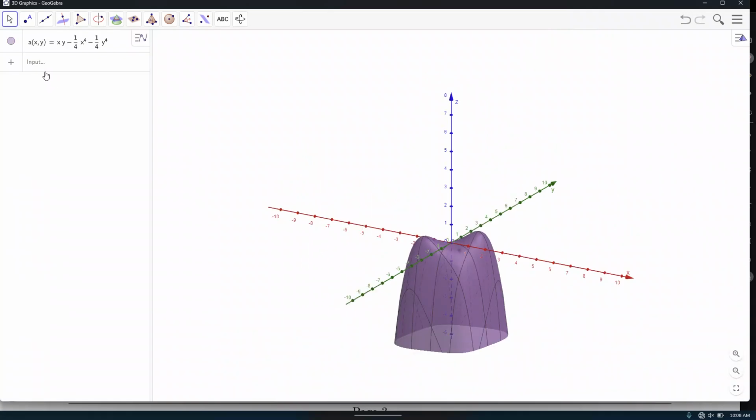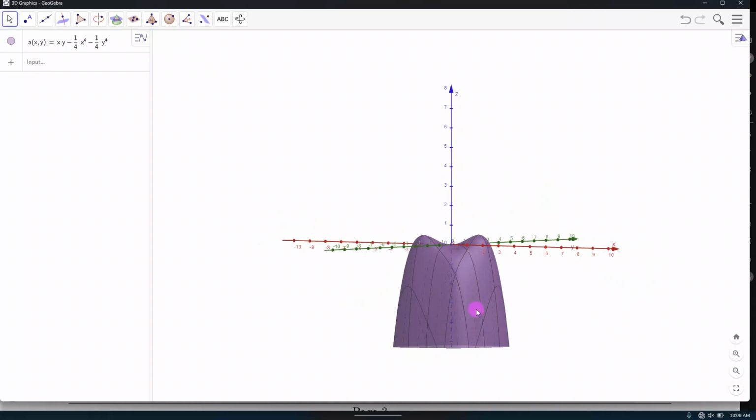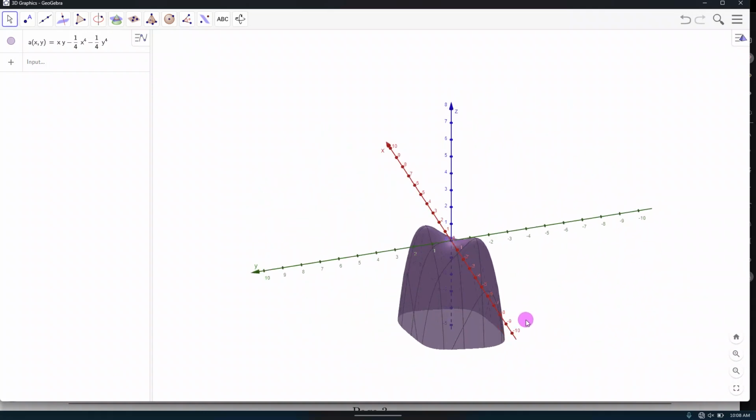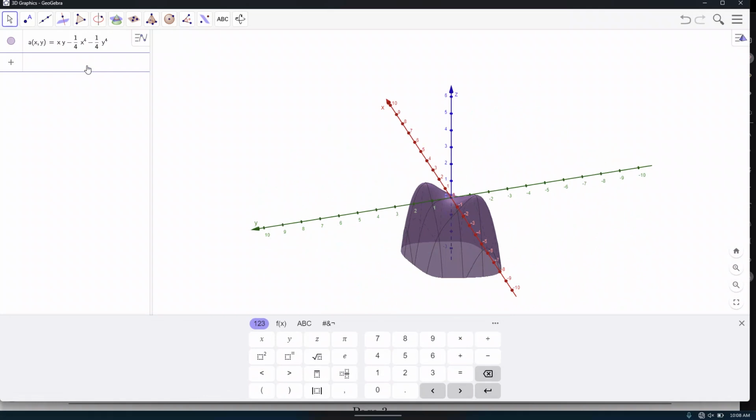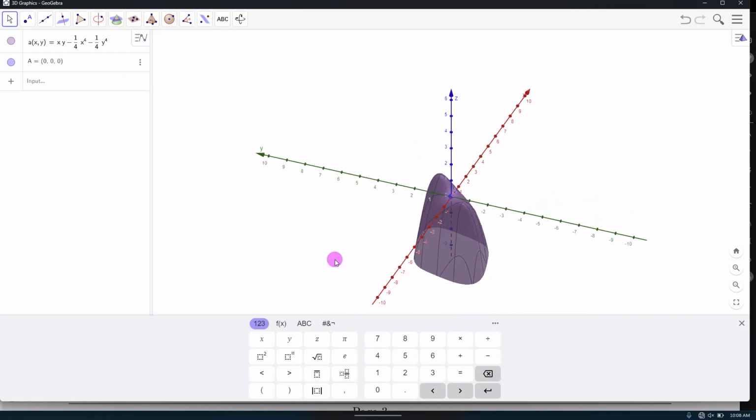Let me plot the points. So that's the surface. Can you see the two maximum points? Can you see the region where it's a saddle? Let me plot those points just to verify this. Is that 0, 0, 0? That's where the saddle point is, right?